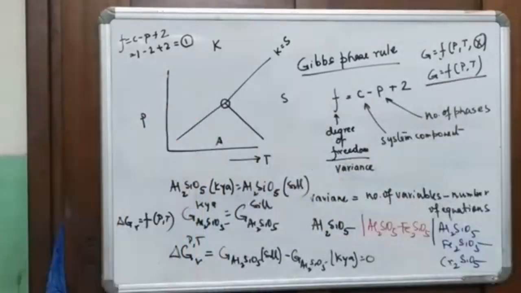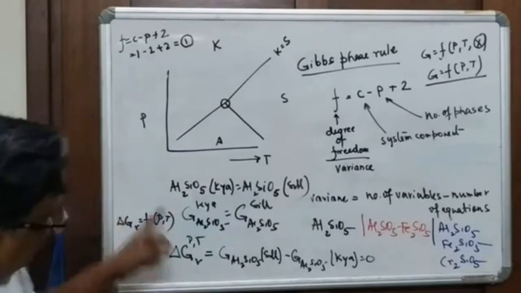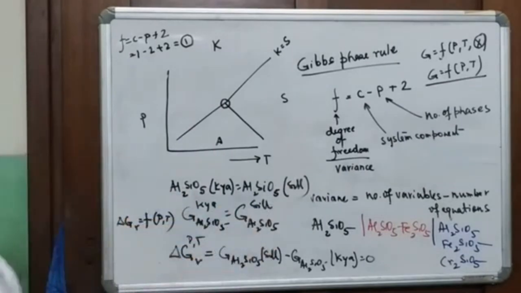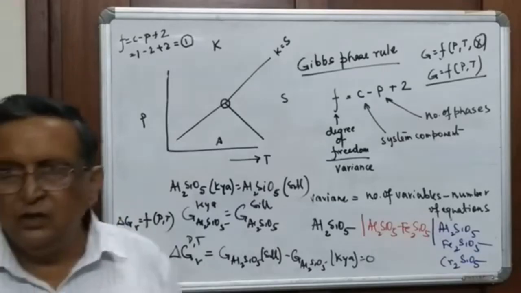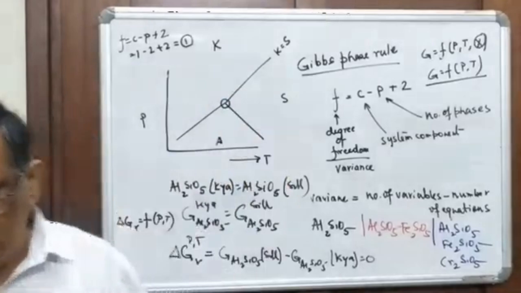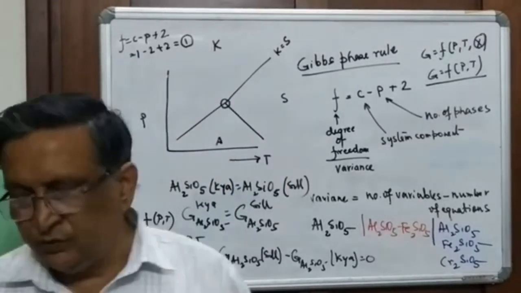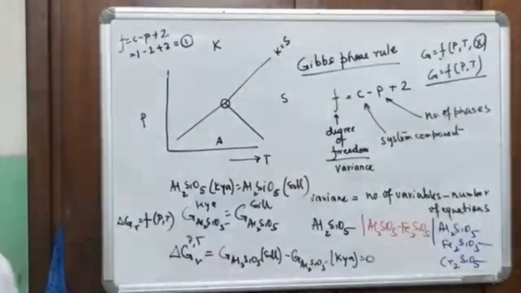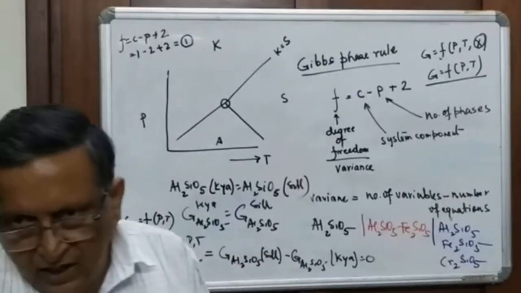You have one reaction, kyanite equal to sillimanite, and one equation: delta Gr is a function of pressure and temperature. You have one equation and two variables. I can't find both for you. Give me one, I give you the next.